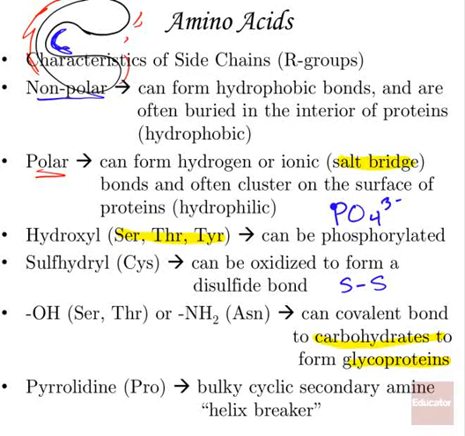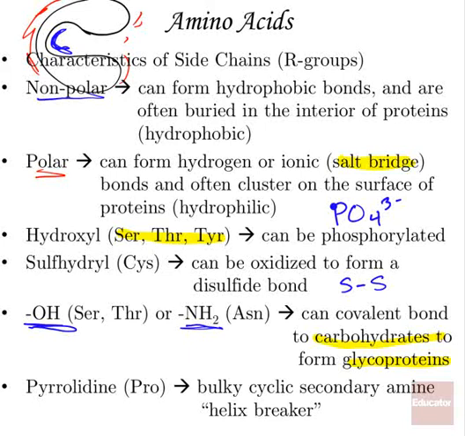And what we have here is that we can see these groups, this oxygen-hydrogen, which we know is a hydroxyl group, from serine and threonine can participate in the O-glycosylation. And then the NH2 group, the amine group of asparagine, can also participate in glycosylation. But in this case, it's an N-glycosylation.